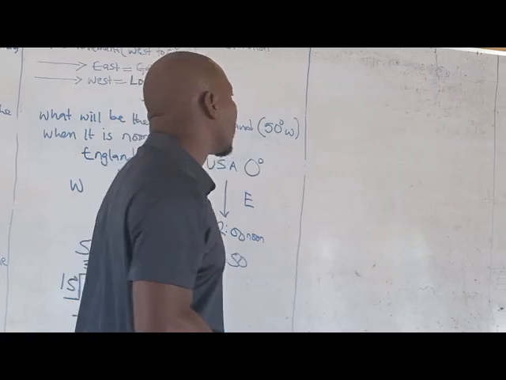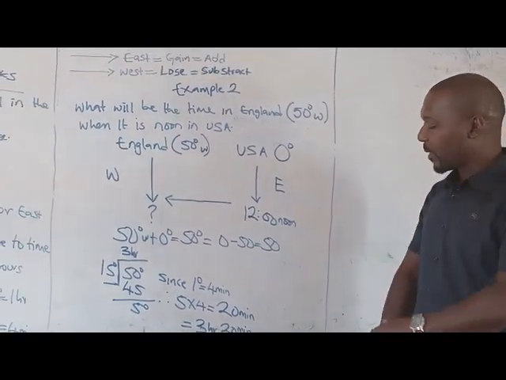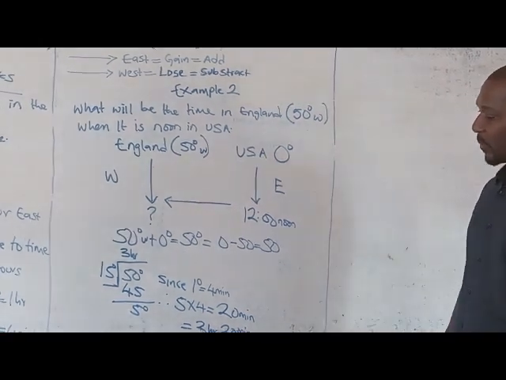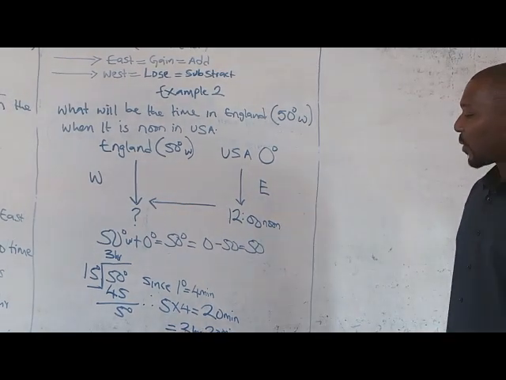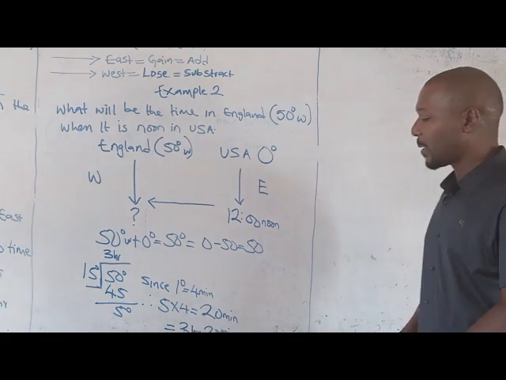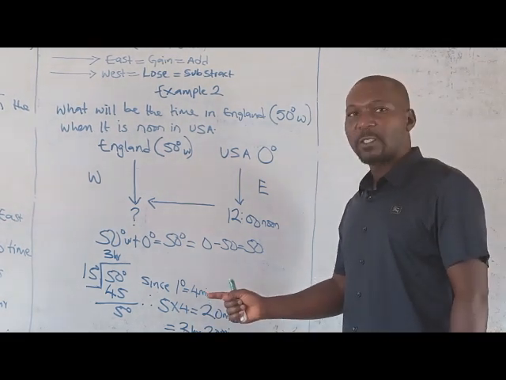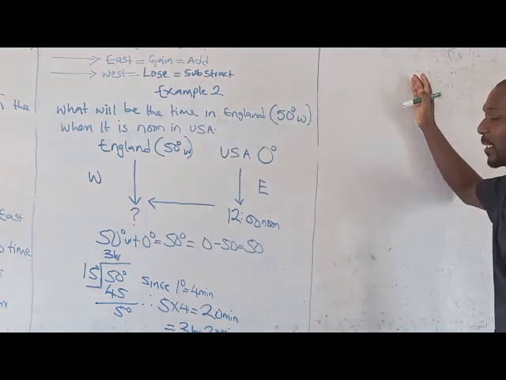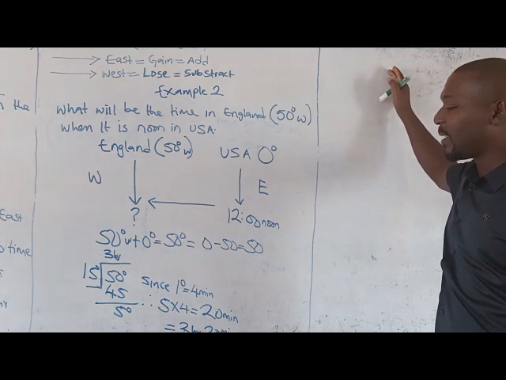So what will be our answer now? 3 hours 20 minutes, you are subtracting it from 12. If you subtract 3 hours from 12, we get 9. But what about the 20 minutes? We have to convert one of the hours now to minutes, which is 60 minutes.